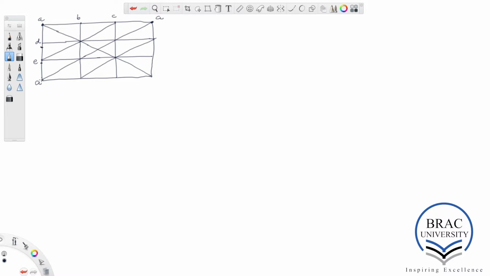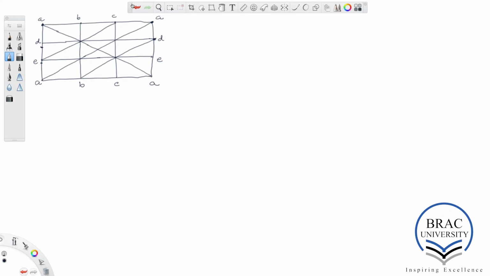And then along the bottom edge it's going to be A, B, C, A, and along the right edge is going to be A, D, E, A.